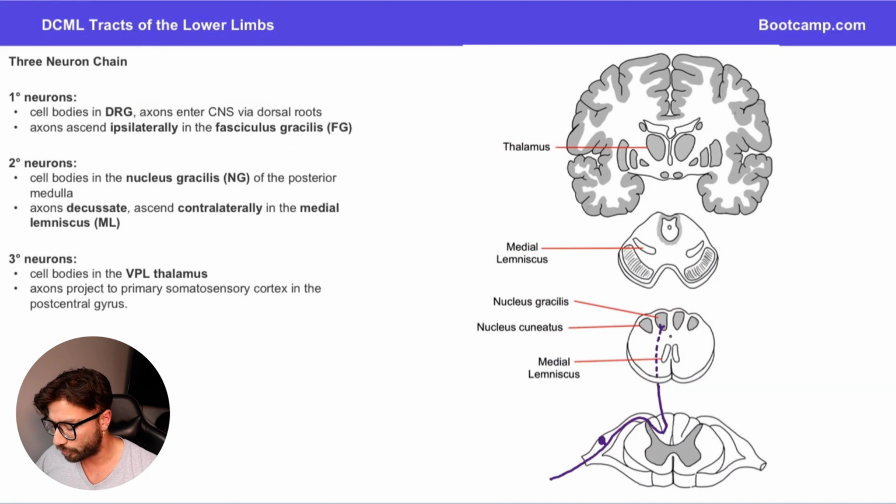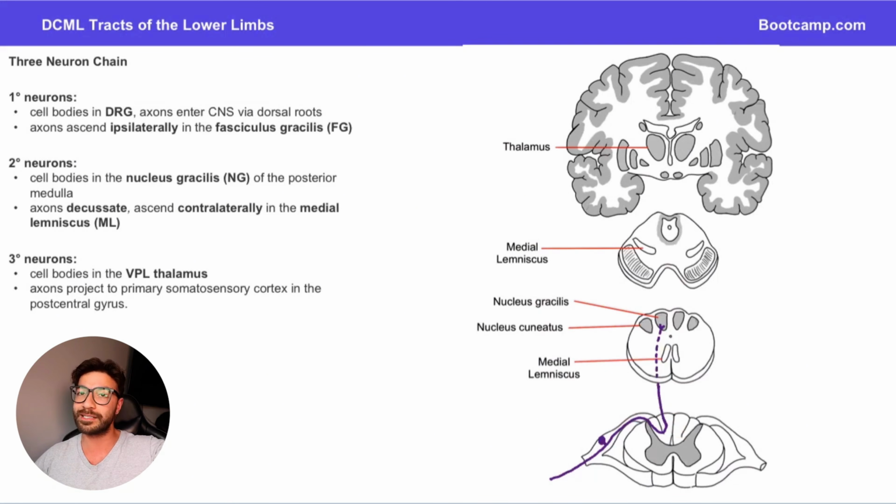So you can see the first order neuron comes in, travels up our fasciculus gracilis right here, and then heads up to the brainstem. So this travels the entire length of the spinal cord. Let's say you're starting in the sacral or lumbar region.